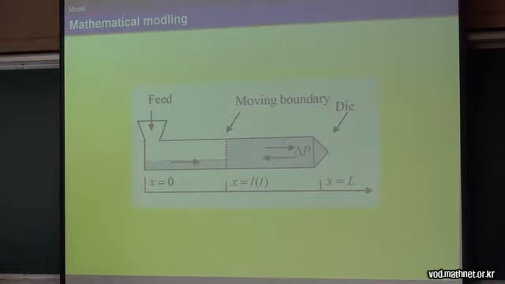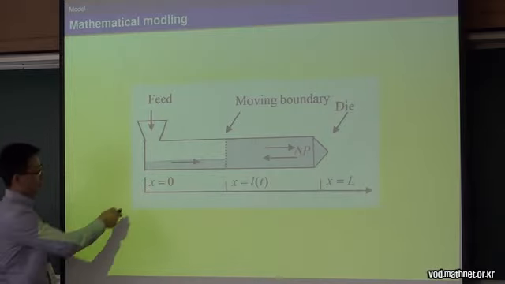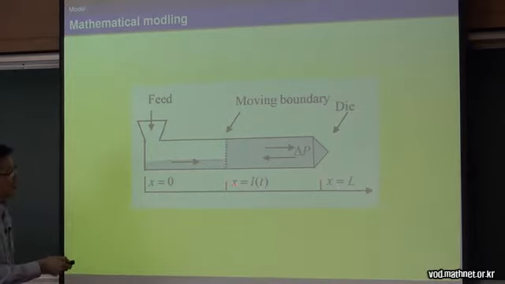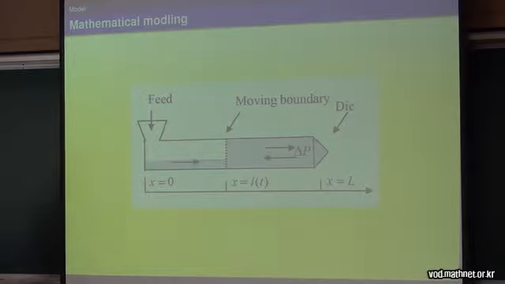Okay, there is a more simplified figure showing the model. Here the space variable is x, so this is the entrance at 0 and this is the exit of the tube, represented by L. The position of the interface is denoted as a function of t, L(t), which is determined by the dynamics of the whole fluid inside of the extruder.